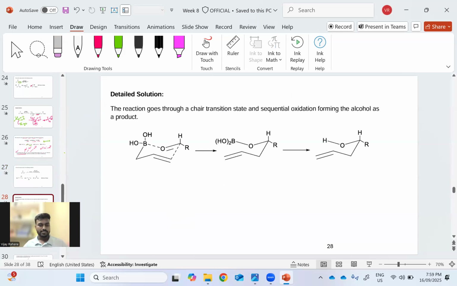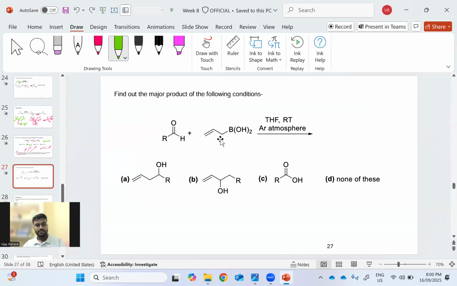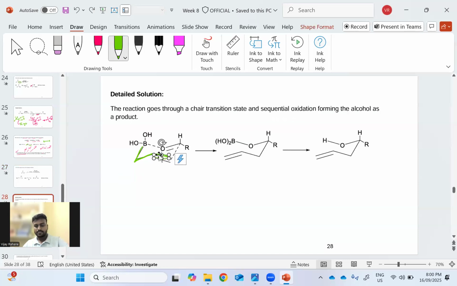We have the alpha-beta unsaturated boronic acid, right? So this is the part of the boronic acid. Further, we have the aldehyde, and that aldehyde will coordinate with the boron atom of the boronic acid.